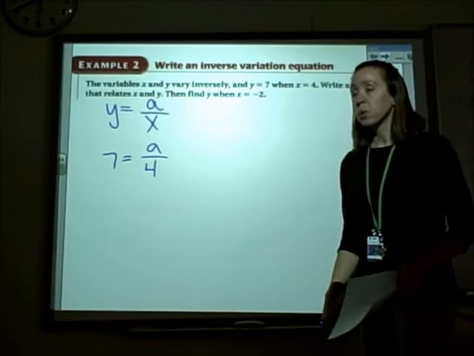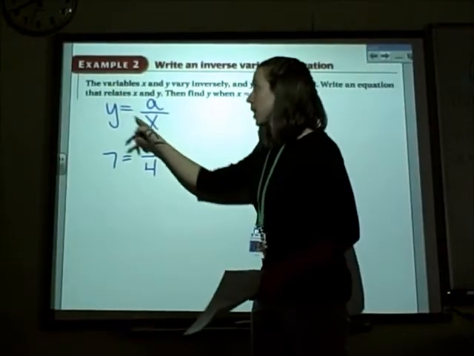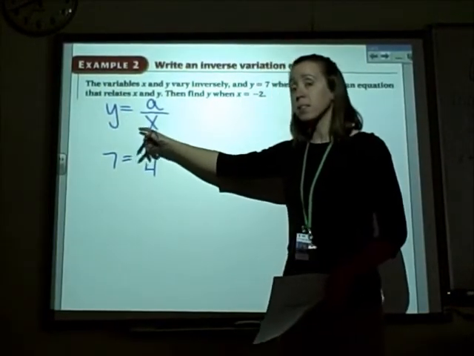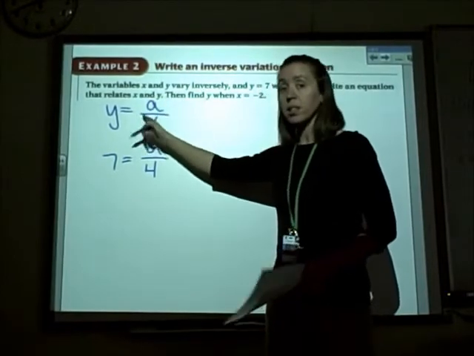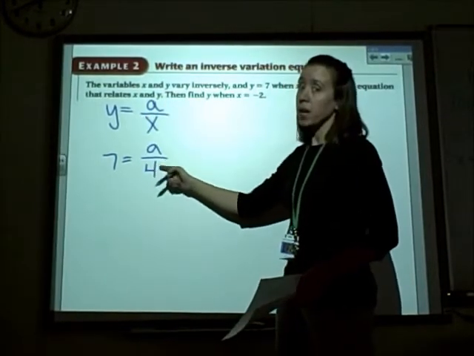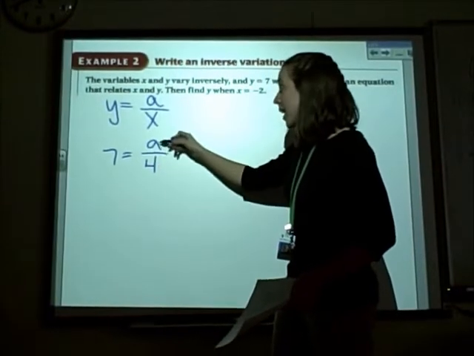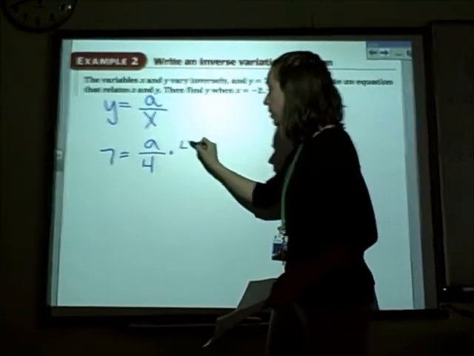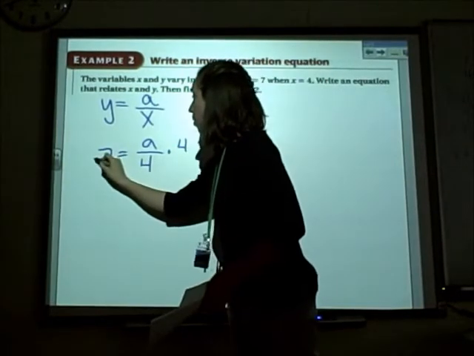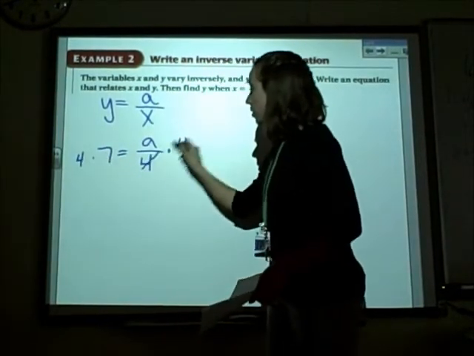So what I want to do, my equation should look like this, where I have a y and an x and a constant of variation a. I don't have that yet, so I have to solve for a. I'm going to get rid of 4 on this side. A divided by 4, I do the opposite to cancel it, multiply by 4. This is going to cancel.